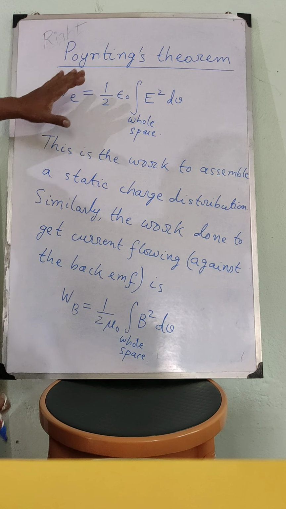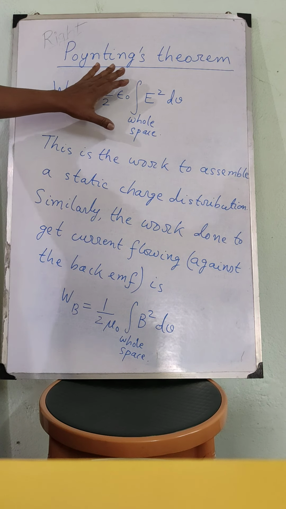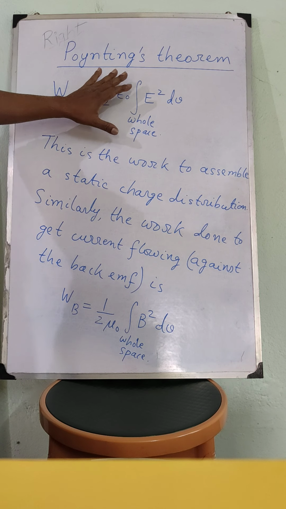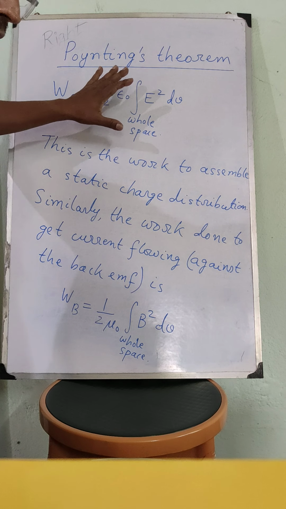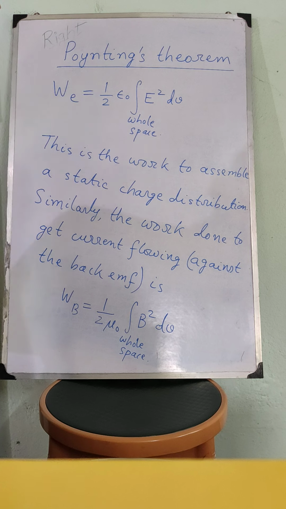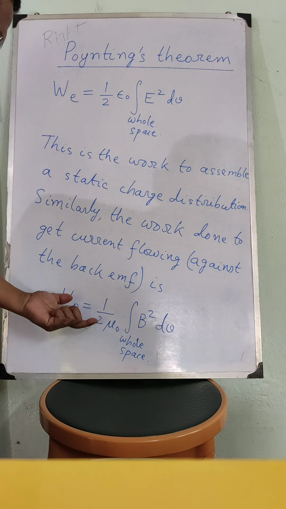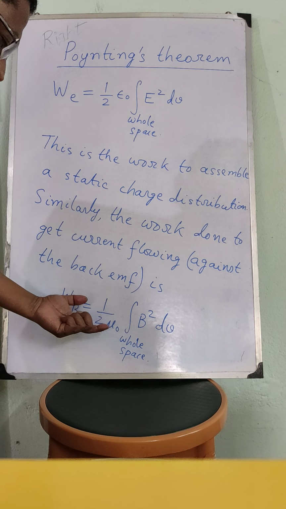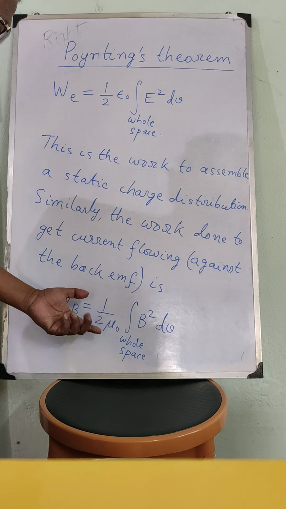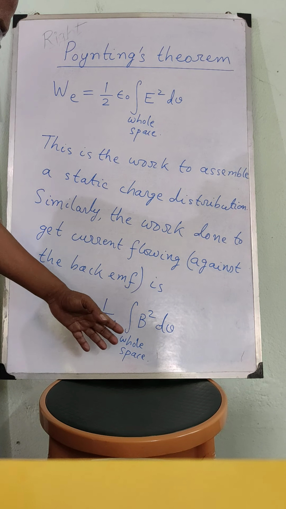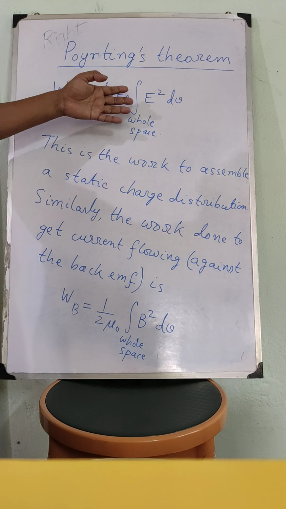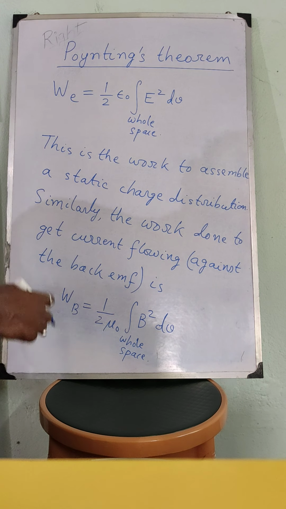So this is the work done to assemble a static charge distribution against the Coulomb repulsion between the charges, and this is the work done to get currents against the back EMF. So this energy is stored in the magnetic field and this energy is stored in the electrostatic field.